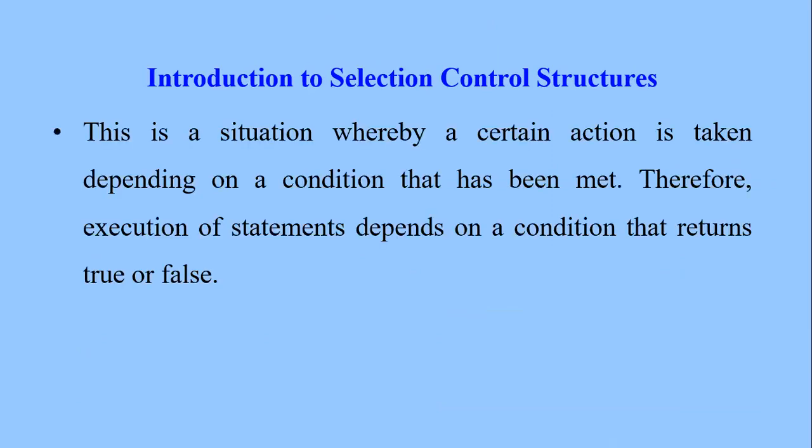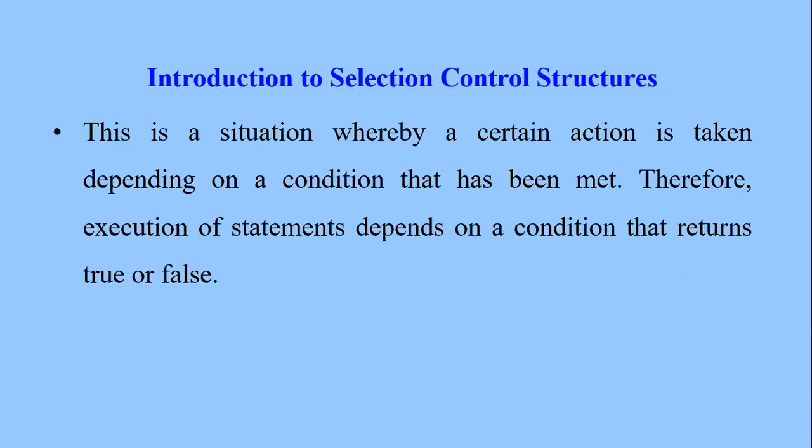We begin with the introduction to selection control structures. A selection control structure is a structure whereby an action is taken depending on a condition that has been met. Therefore, execution of statements depends on a condition that runs either true or false.